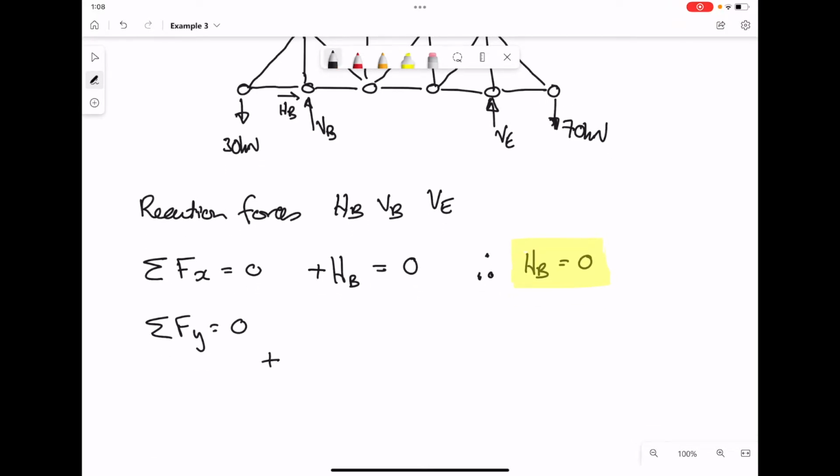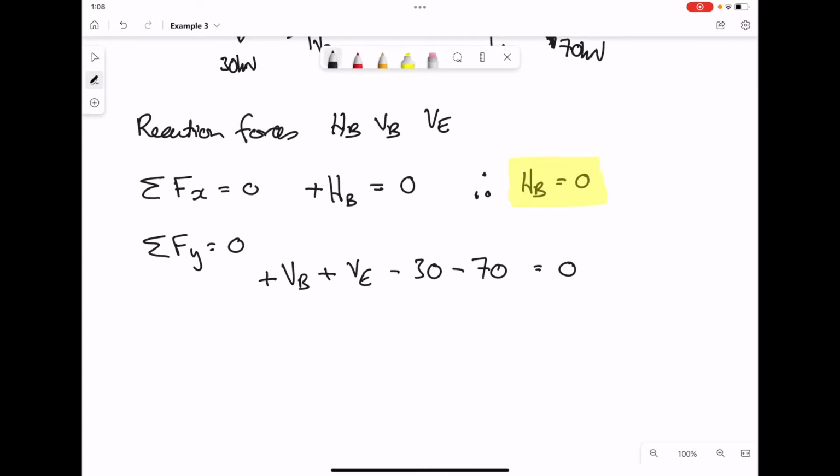As an equation, plus VB plus VE minus 30 because it's acting down, minus 70 because it's acting down. For equilibrium, all these must add up to give you 0. Rearrange the equation. You get VB plus VE must add up to give you 100 kilonewtons.